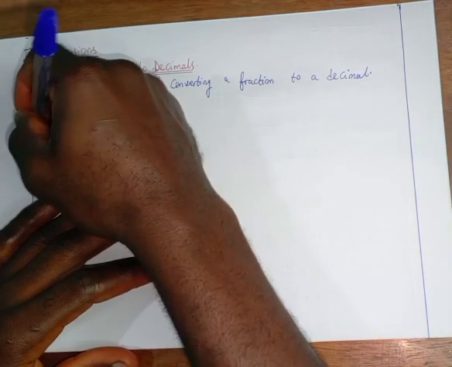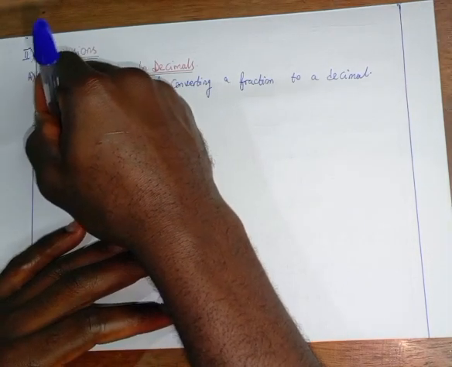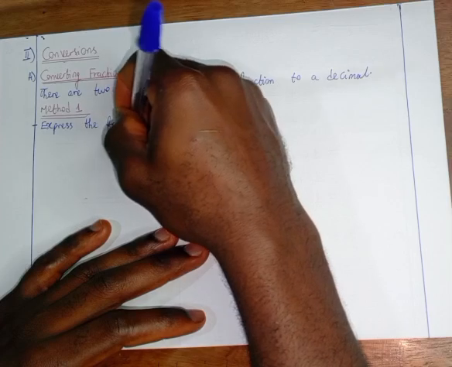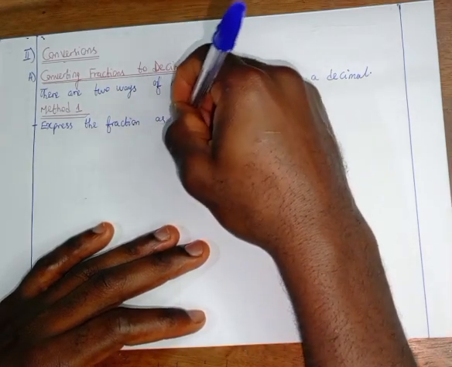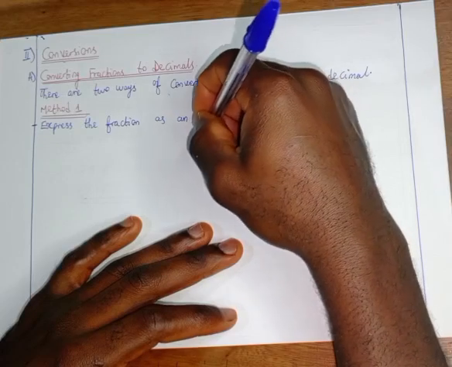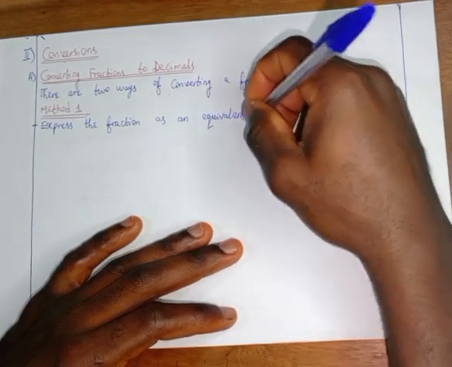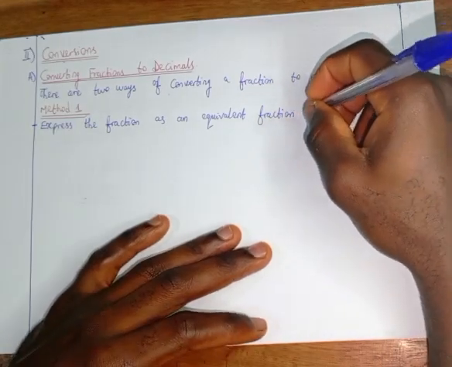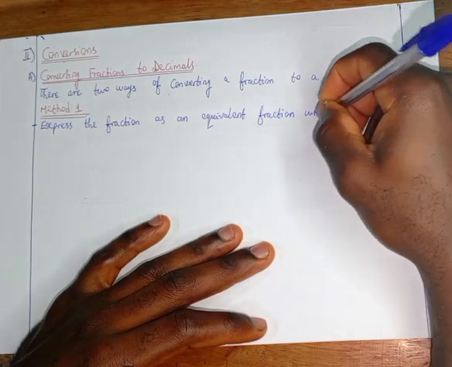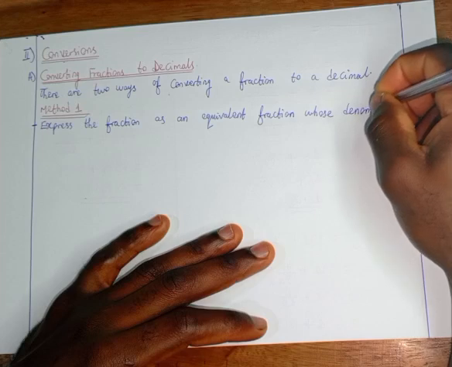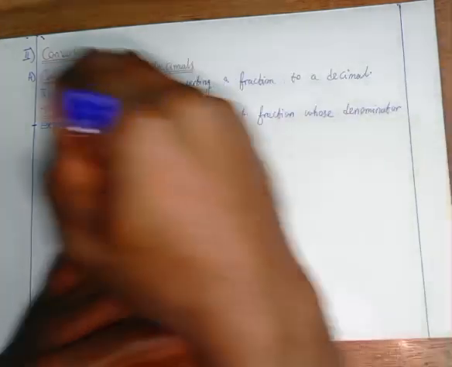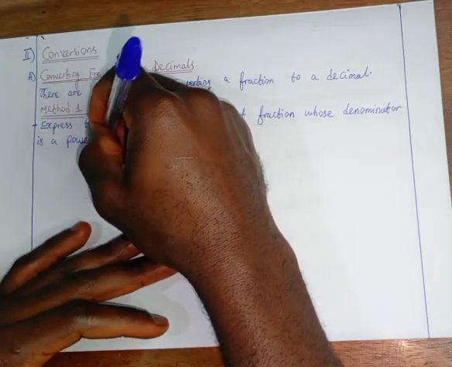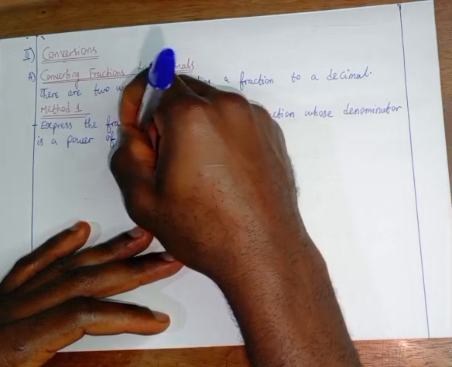Method 1, the first hyphen, express the fraction as an equivalent fraction whose denominator is a power of 10.